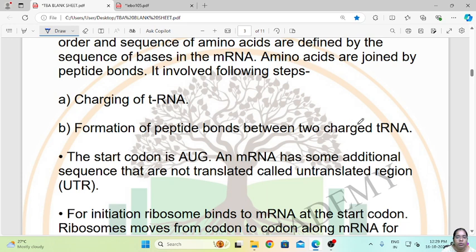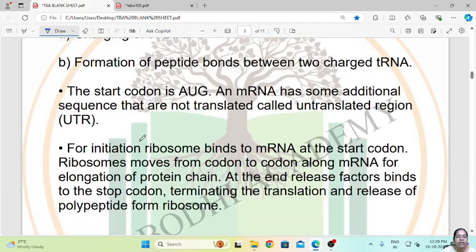formation of the peptide bonds between 2 charged tRNAs, and the start codon is AUG. The mRNA has additional sequences that are not translated, called the untranslated region. For initiation, the ribosome binds to the mRNA at the site of the start codon, and then the ribosome moves from codon to codon along the mRNA for elongation of the protein chain.